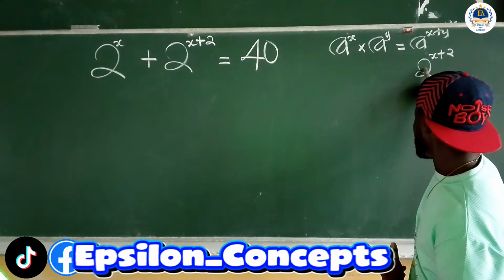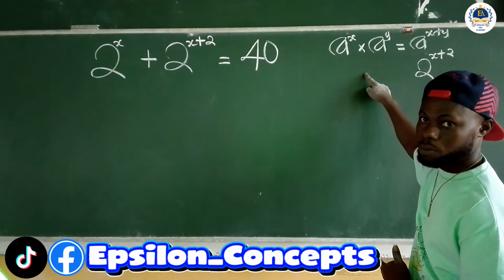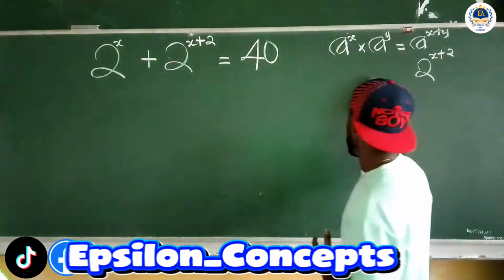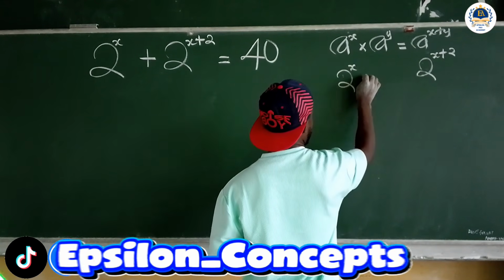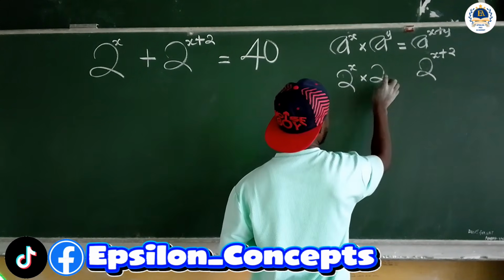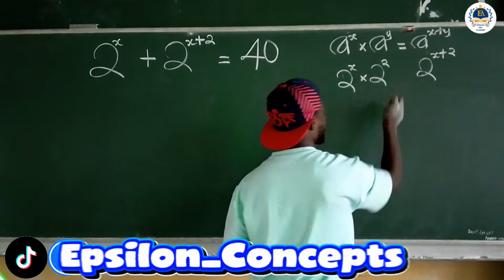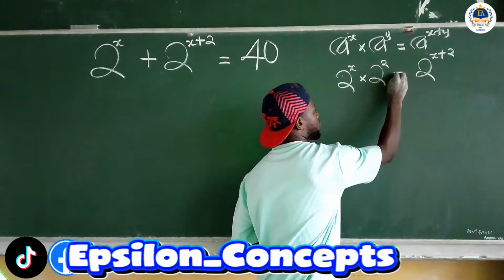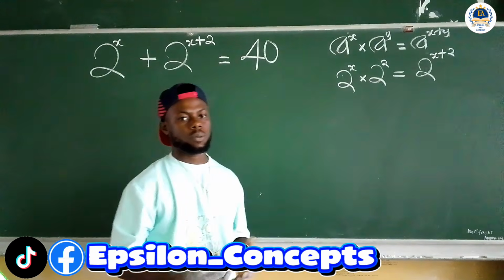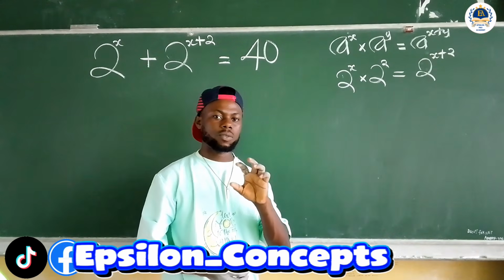So to change this into this form, that would be 2 raised to the power of x times 2 raised to the power of 2. So this is the law of indices called the multiplication law. That is the first thing we have to achieve.